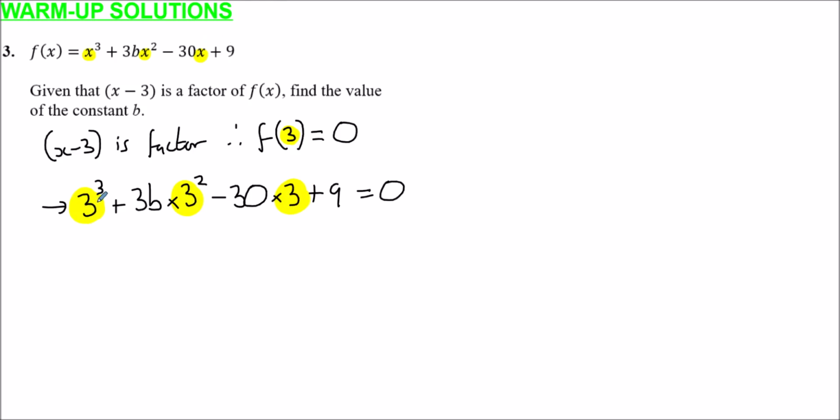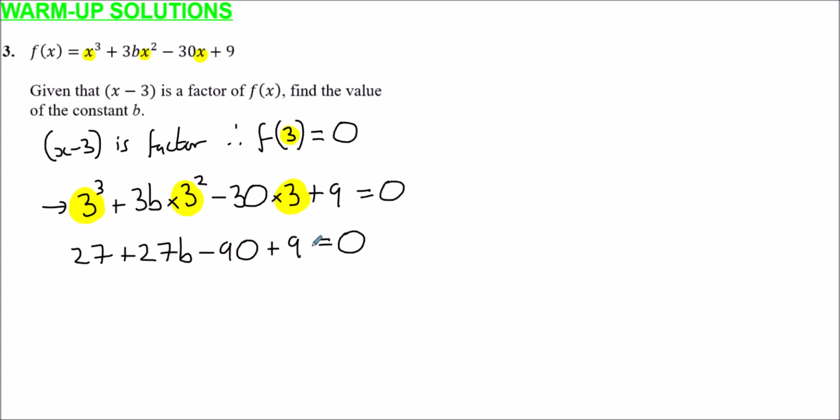So let's just evaluate what we can. So 3 cubed is 27, 3 squared is 9, so 3 times 9 gives another 27, therefore 27b. 30 times 3 is 90, so it's going to be minus 90. Then the plus 9 equal to 0.